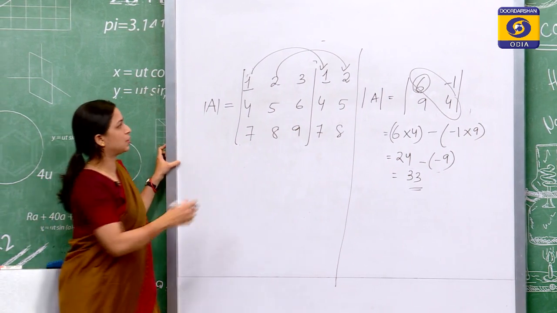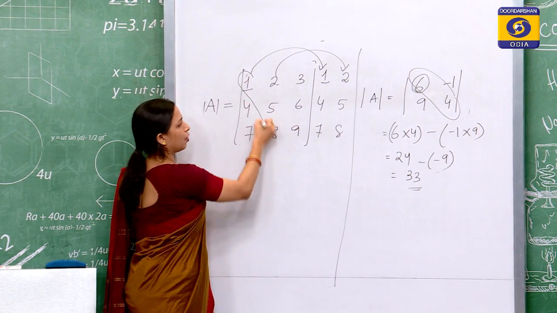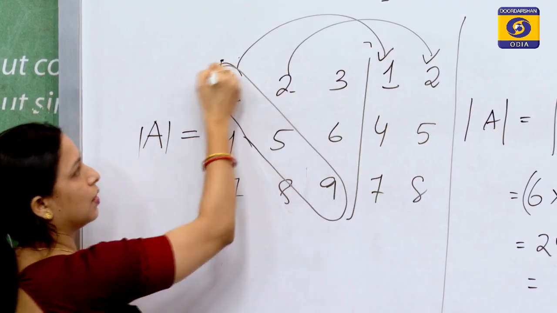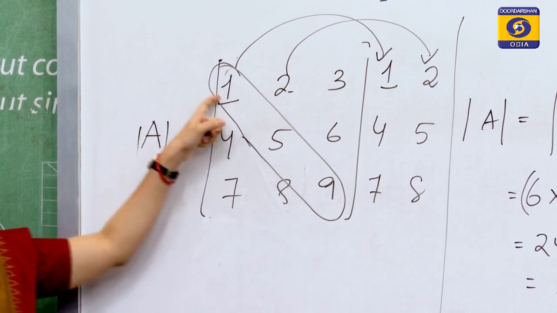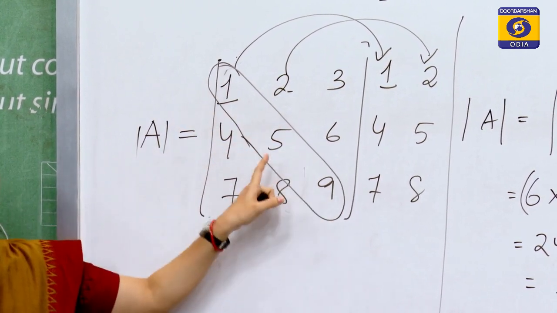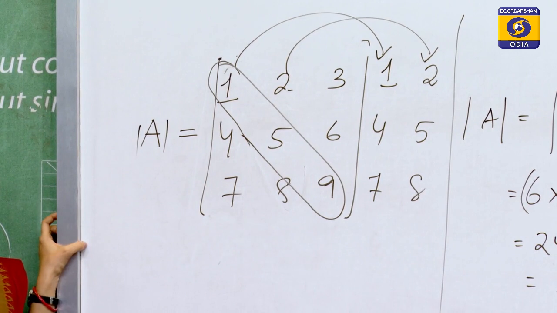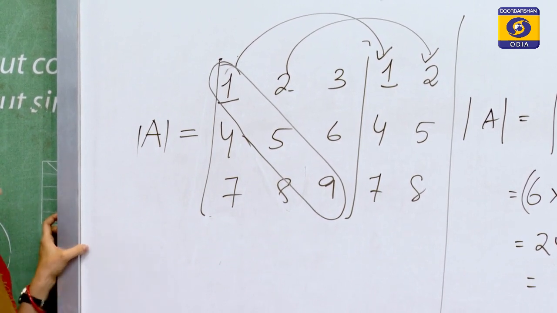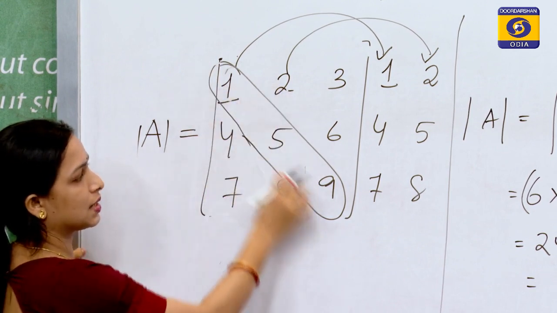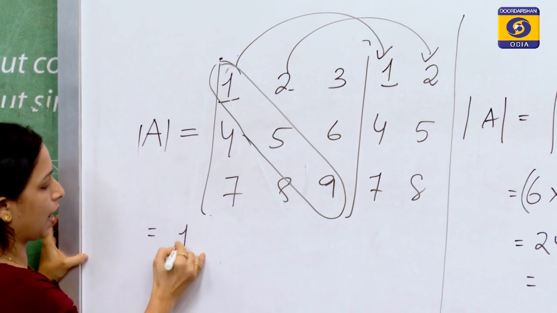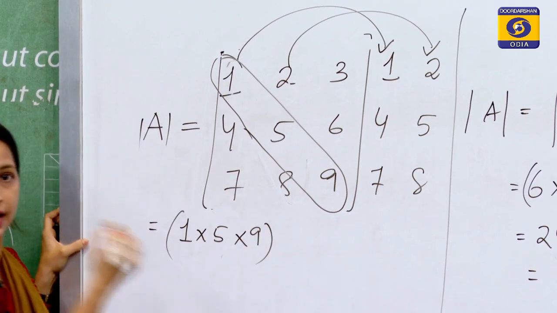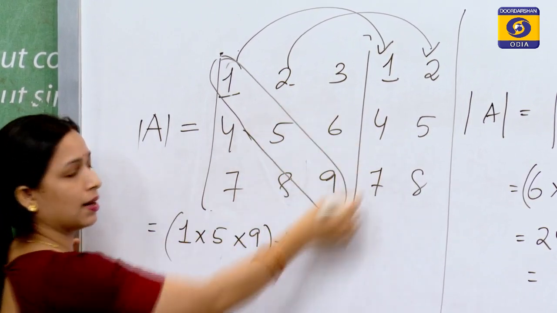The next step is you have to find the product of the diagonal elements, right, going downwards, starting from the top going downwards, and you have to find the diagonal product of all the parallel diagonals lying parallel to each other. That means, so this is the first diagonal. So, let us take 1 into 5 into 9, then add it to the next parallel diagonal.